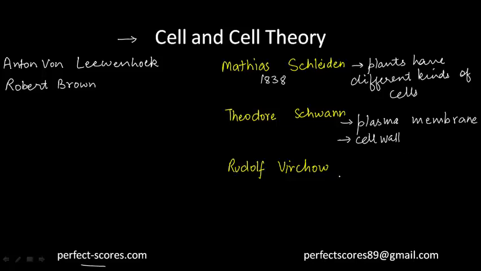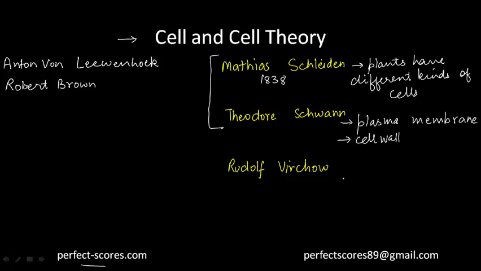And then came the third person, Rudolf Virchow. Now these two people had already given a basic idea of the cell theory. But this theory did not explain how new cells are formed, and for that the third person was Virchow.